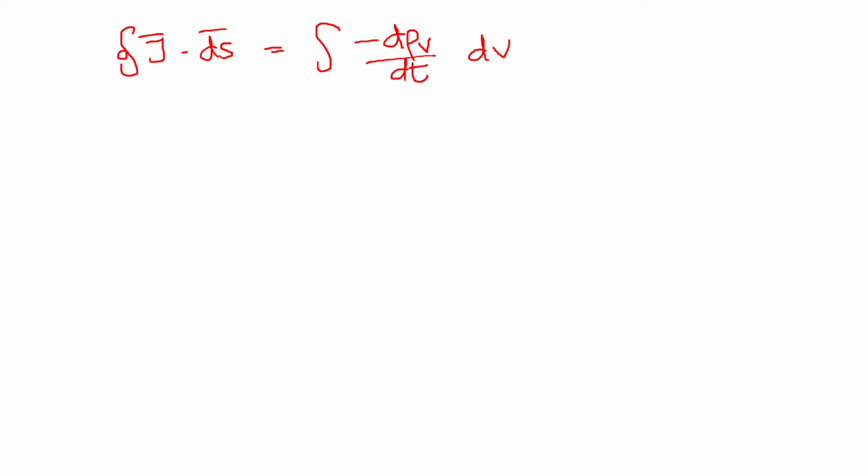As you can see here, this one is the surface integration, while this one is the volume integration. Now what we want to do is make them on the same platform so that it is easy for us to solve this equation later. So now I'm going to convert this surface integration into the volume integration.